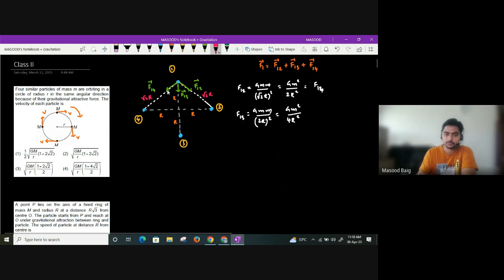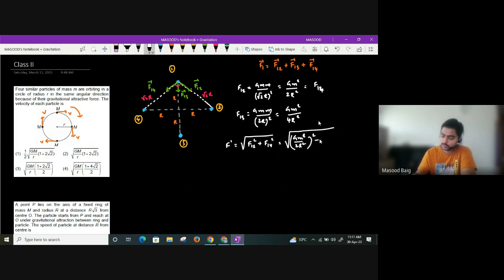Now, see, F12 and F14 are the same in magnitude and they are perpendicular to each other. So what is the resultant of F14 and F12, guys? Let us say it is F dash. I can write it as the square root of F12 square plus F14 square, which turns out to be the square root of G m square divided by 2r square whole square plus G m square divided by 2r square whole square.